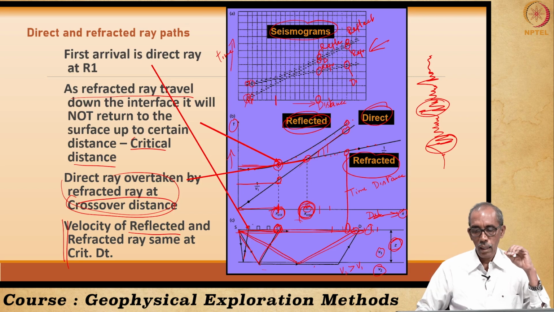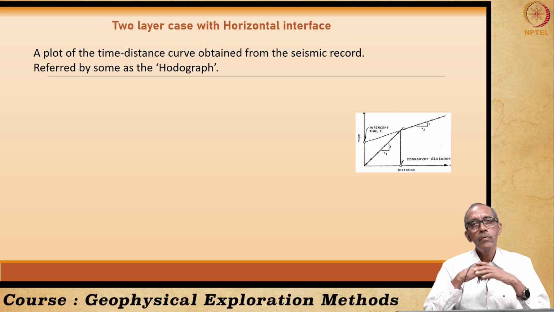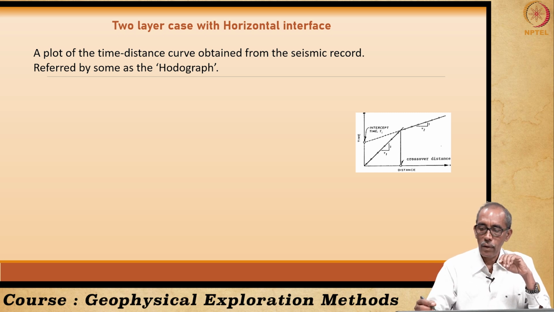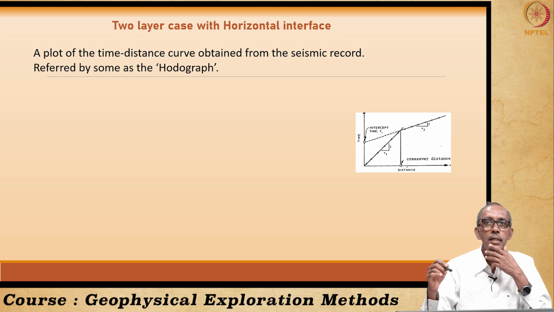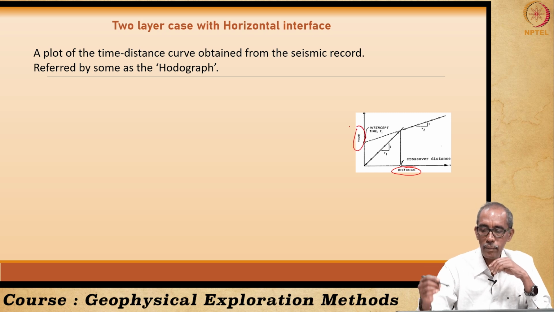Right. After having understood this, let us now see how we can determine the thicknesses of layers by the seismic refraction method. As we have seen on the previous page, we are always looking into some simple cases. We plot the distance versus time.